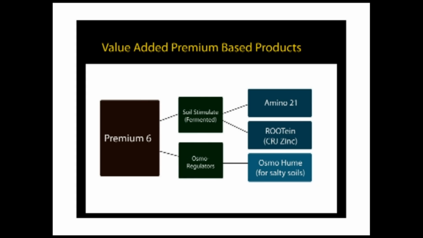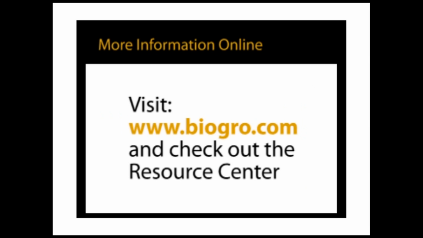Therefore, we produce various other products that we blend with our humic acids products, like Amino 21 and Rutin, that help promote early root growth. We also have humic acids formulations for adverse soil conditions such as excess soluble sodium. Ask us for a soil profile analysis to help determine which product blend is best for your particular soil type and growing environment.